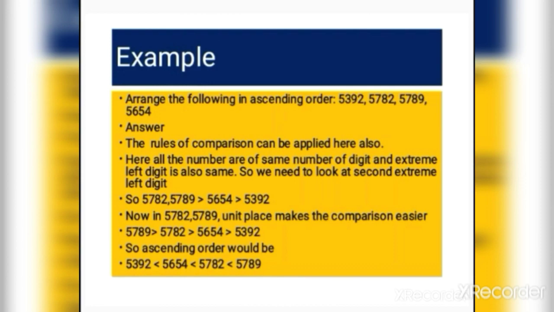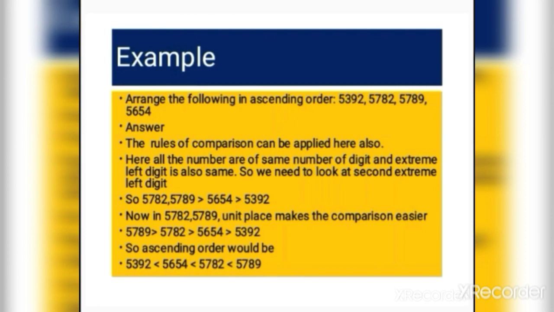We have learned how to compare two numbers. Those rules can be applied here. Here all the numbers have the same number of digits, 4 digits. And the extreme left digit is also the same, that is 5. So we need to look at the second digit.